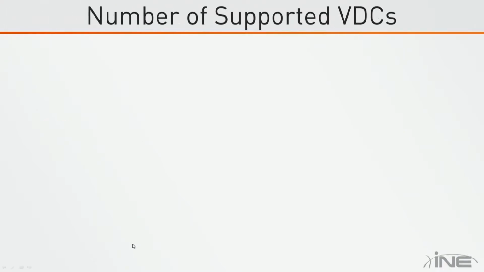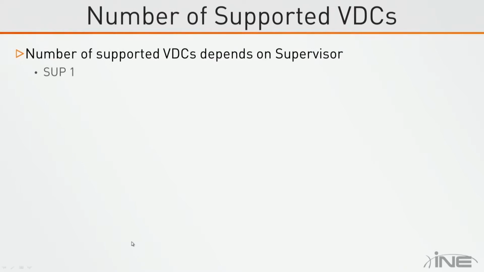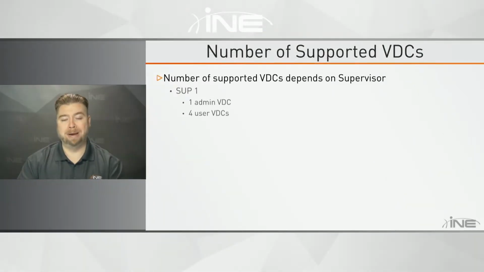Now, the number of contexts supported on the 7K depends on the CPU, the supervisor. The first-gen supervisor allowed you to have one admin context for managing the box, and then 4 contexts for forwarding user traffic, what we call the user VDCs.